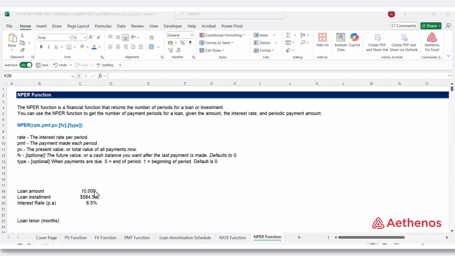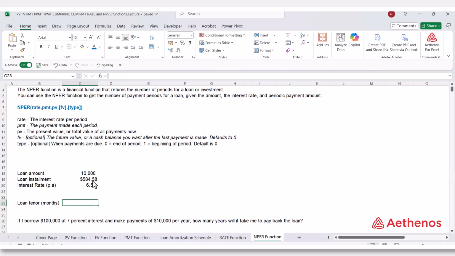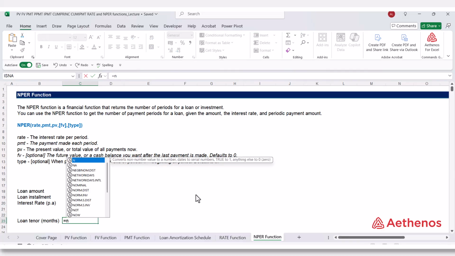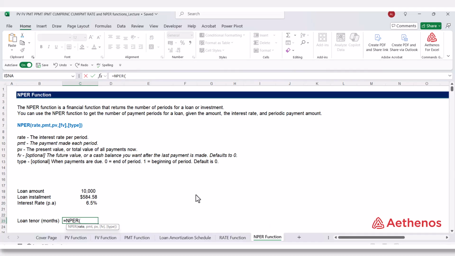So here let's look at an example. We have a loan of 10,000. The loan installment is 584.58 and the interest rate is 6.5%. We want to find what is the tenor of the loan. So we are giving the other variables and deriving the missing variable, which is the loan tenor. Let's type the formula equals NPER, and then we have to give the rate.